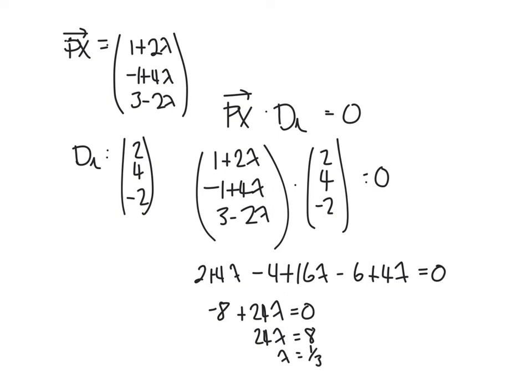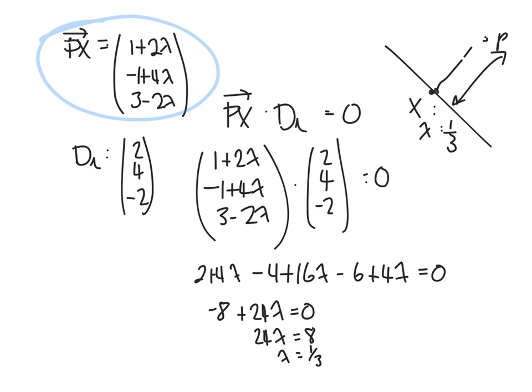So this is our value of lambda that we know generates this scenario that we've got going on here. So our point x is occurring when lambda equals 1/3, which is helpful. And what we need is the shortest distance, i.e. the length of the vector px. Well, I have that. That's here.